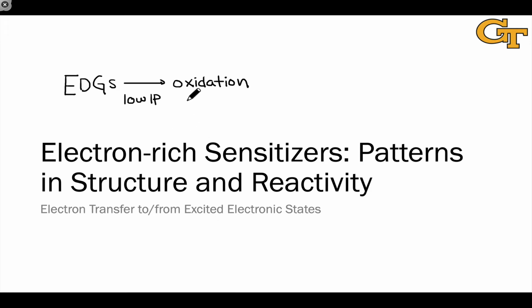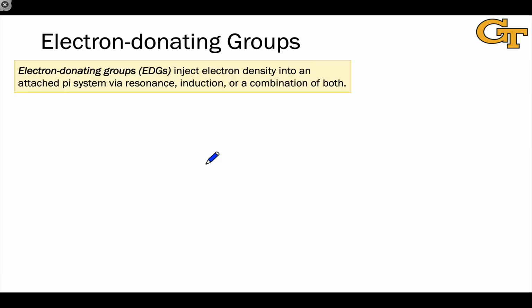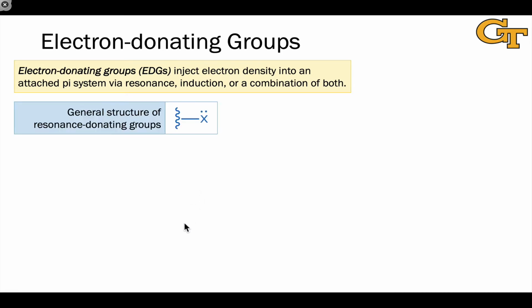And of course, if we're talking about an excited state here, we would refer to this process as oxidative quenching of the excited state, return to the ground state with loss of an electron to form a radical cation. Now, resonance electron donating groups inject or donate electron density into an attached pi system via resonance, induction, or a combination of the two.